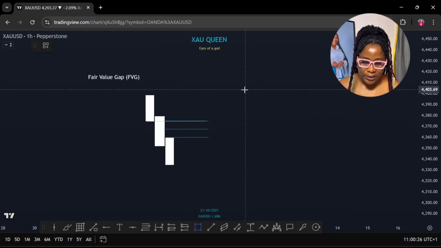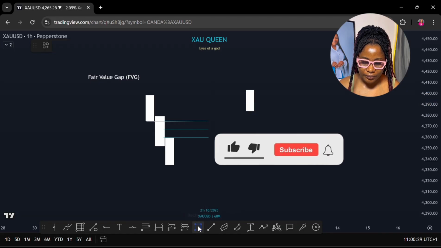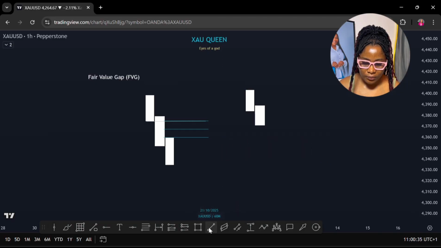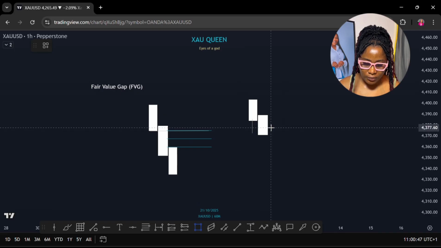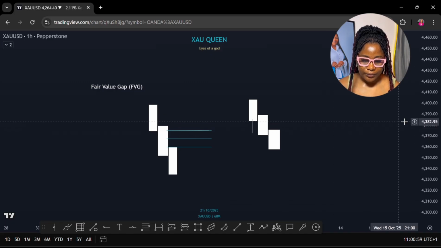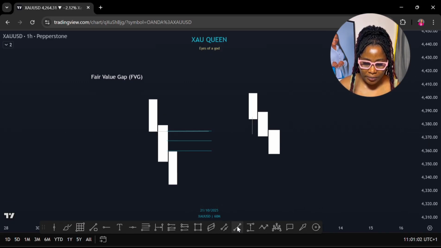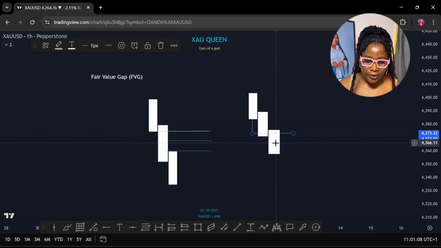Now let me show you what is not a fair value gap. This right here is not a fair value gap because the wick of this candle already tapped into the second candle.